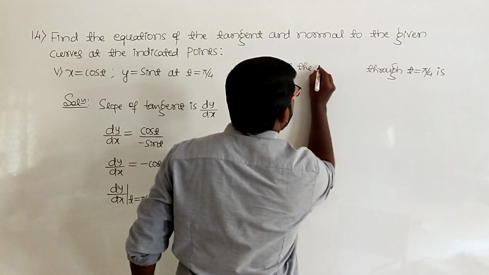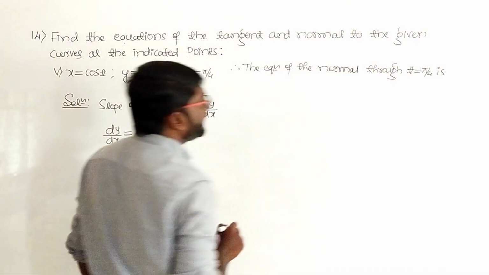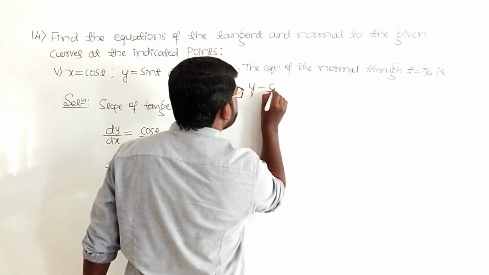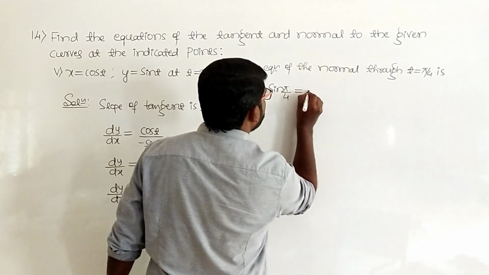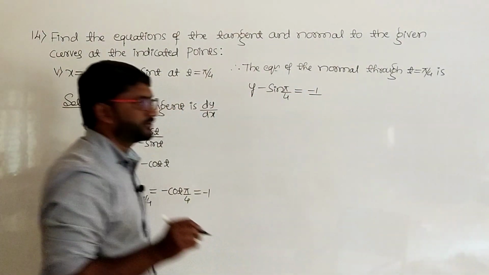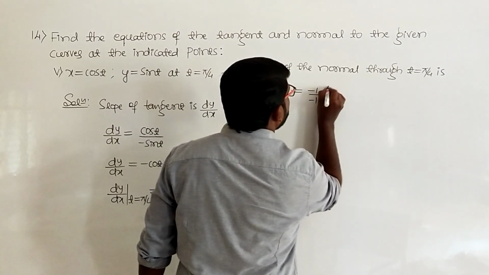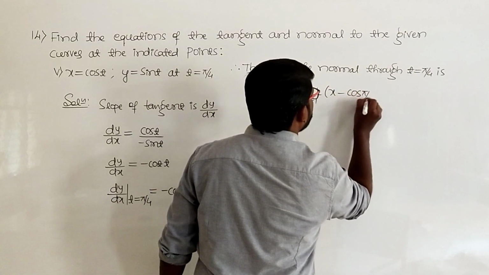The equation of the normal through t equal to pi by 4 is y minus y naught, which is sin pi by 4, equals minus 1 divided by the slope of the tangent. It is minus 1, into x minus x naught, which is cos pi by 4.